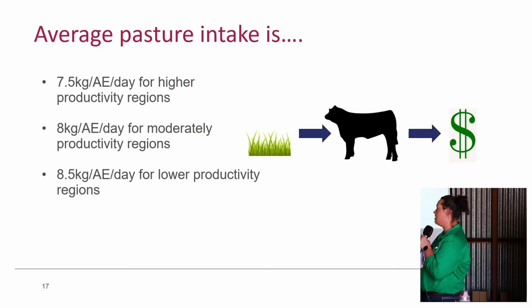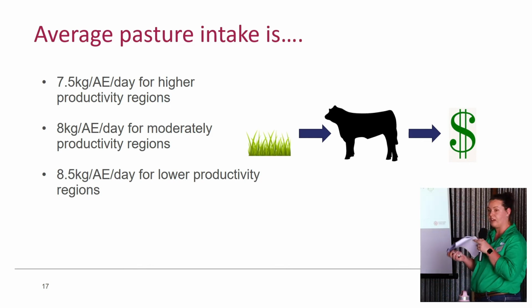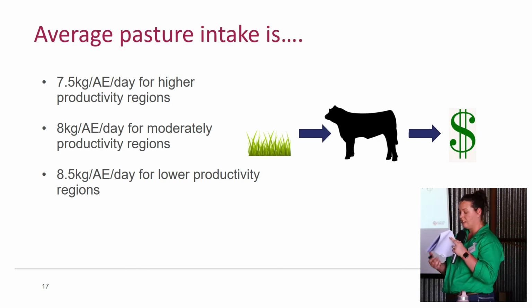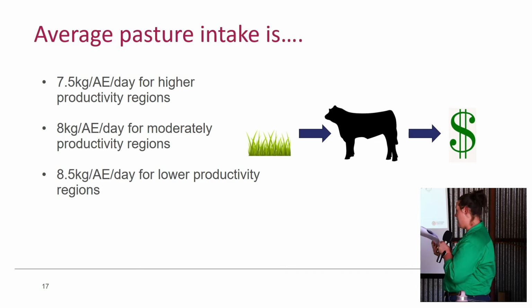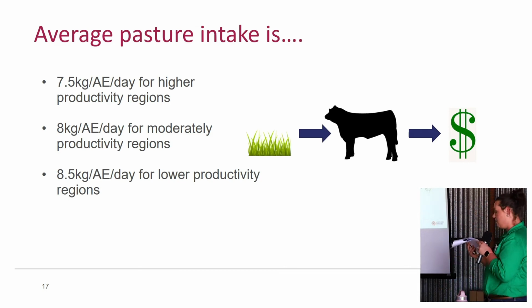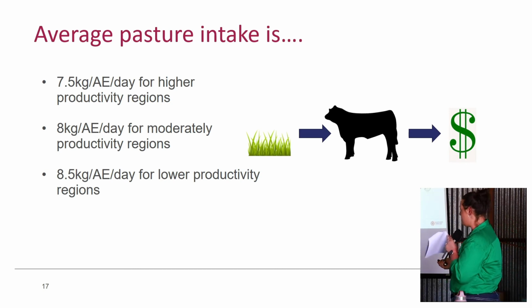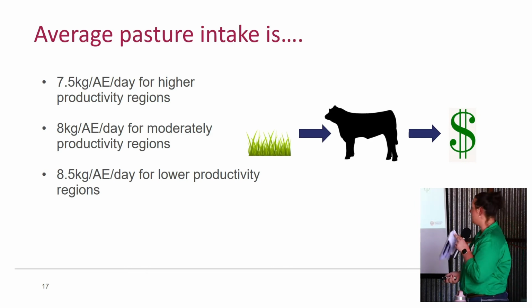So the average pasture intake of an animal will change compared to the quality of your pasture. Generally, the higher quality of your pasture, the less they need to consume to get the same amount of metabolizable energy. So it is assumed that their intake is less, at 7.5 kilograms per AE per day, for higher productivity regions.